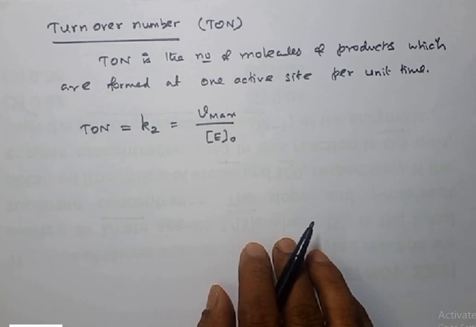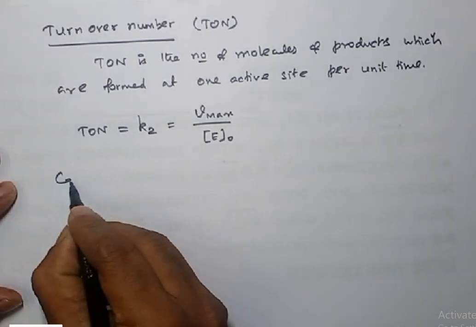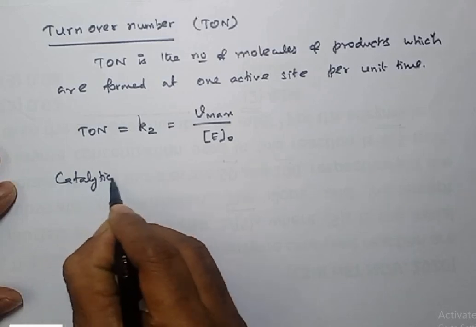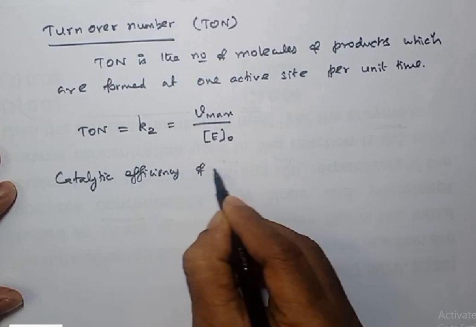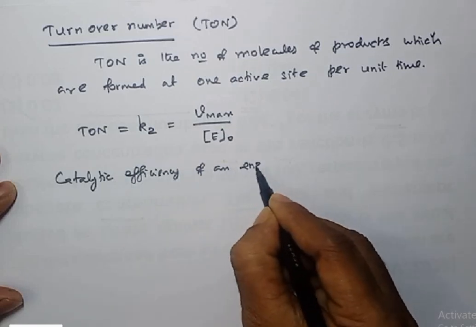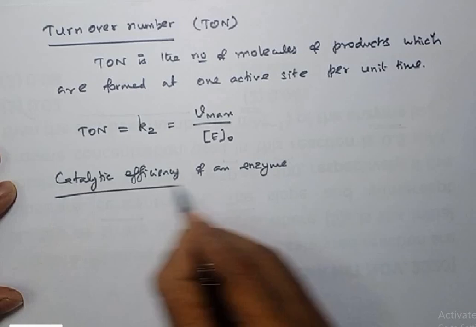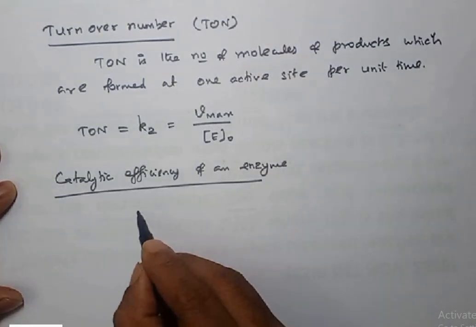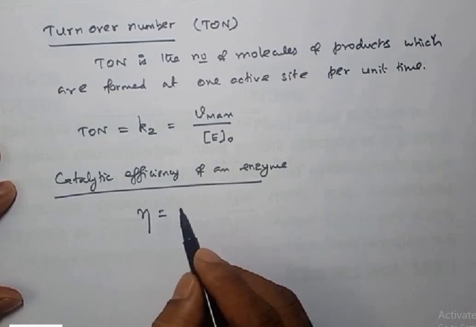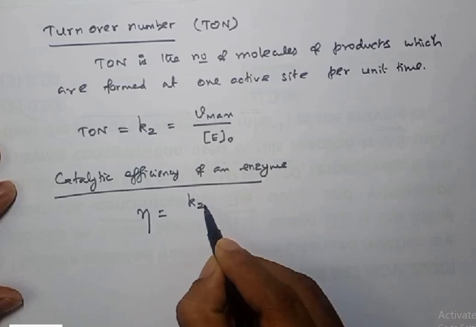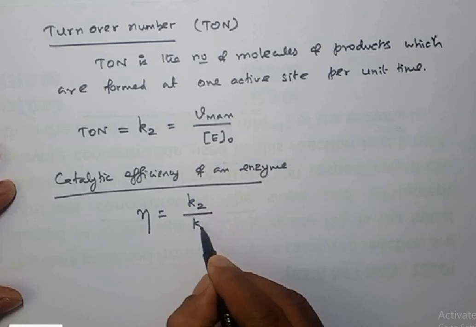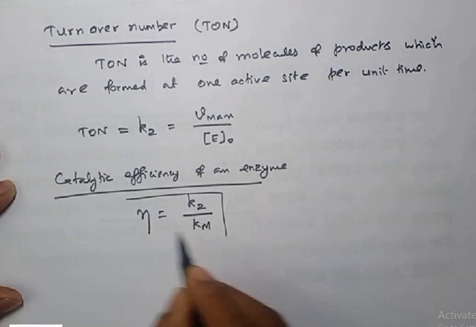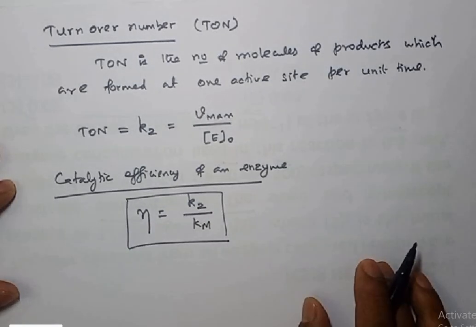How to find the catalytic efficiency of an enzyme, which is usually denoted as eta? Eta is equal to K2 by Km. K2 by Km will give you the catalytic efficiency of an enzyme.